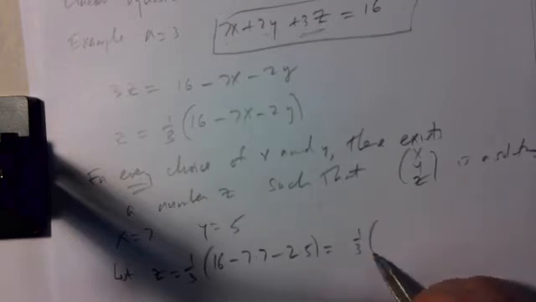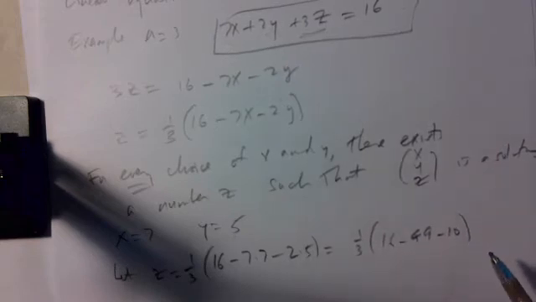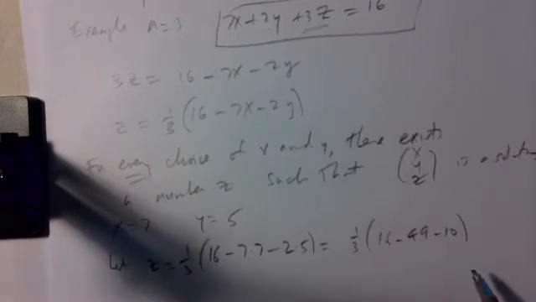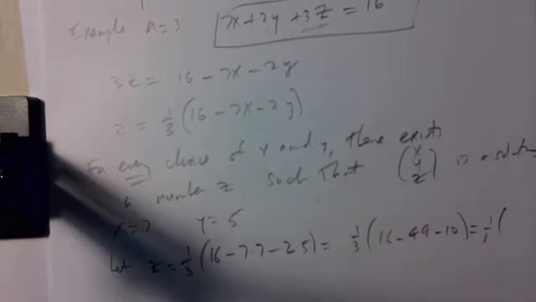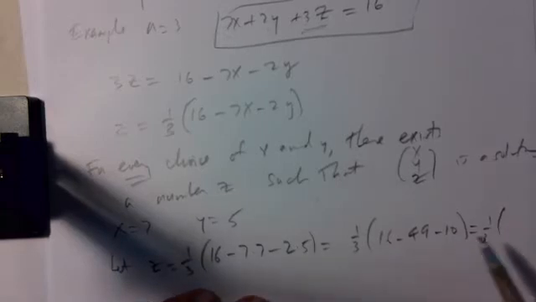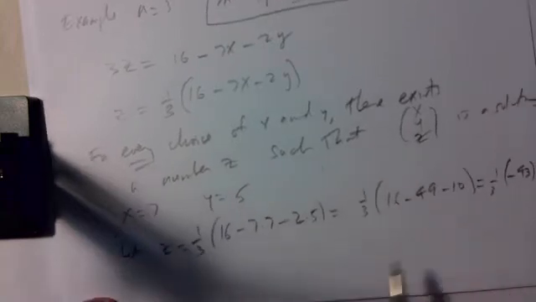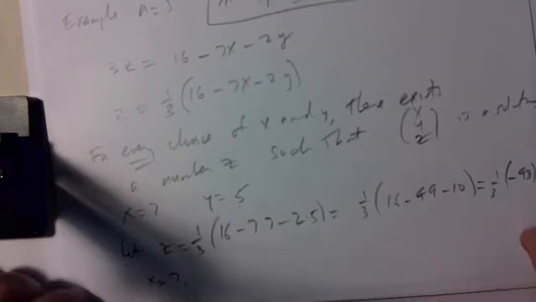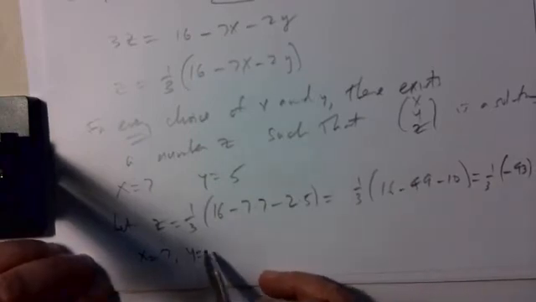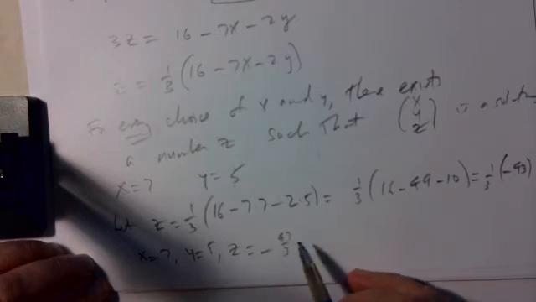So this is 1/3 times (16 minus 49 minus 10). Let's see, 16 minus 49 is minus 43. Yes. So we have x equals 7, y equals 5, z equals minus 43 thirds.